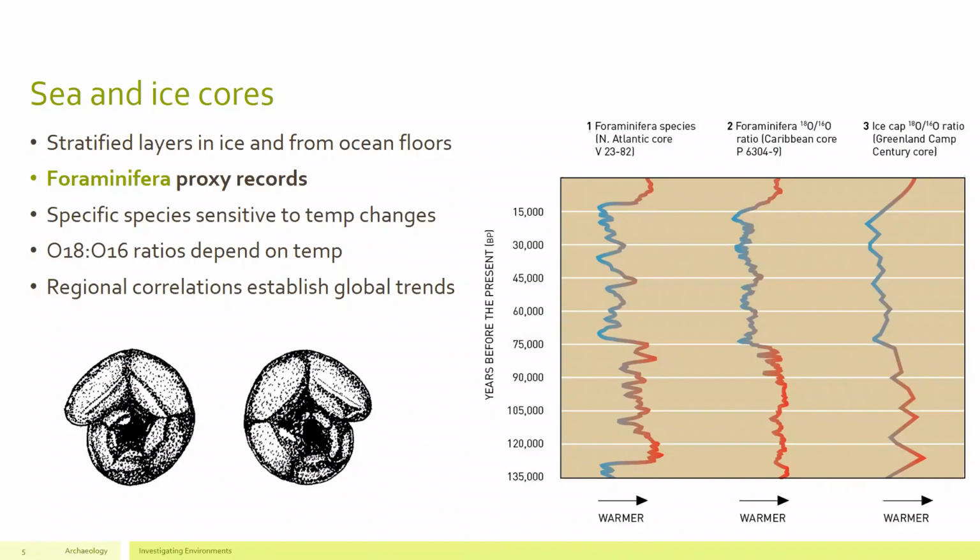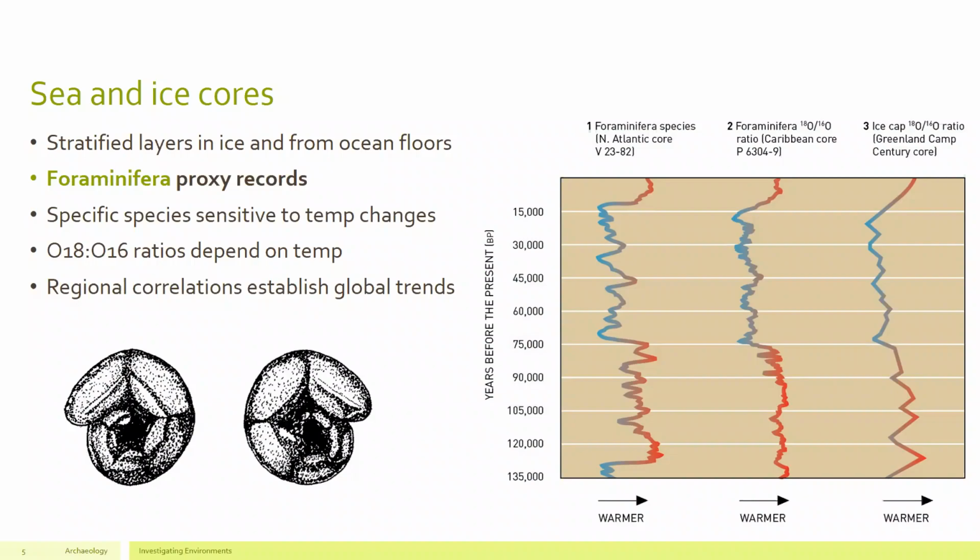Different species are sensitive to different types of temperature changes, and they're essentially saving a particular isotope, oxygen 18 and oxygen 16. The ratio of these two isotopes can give us an indication fairly accurately of the ocean temperature. So these are regional correlations that establish global trends through time.